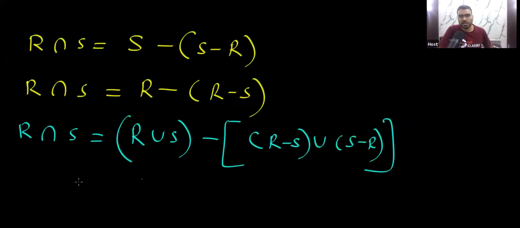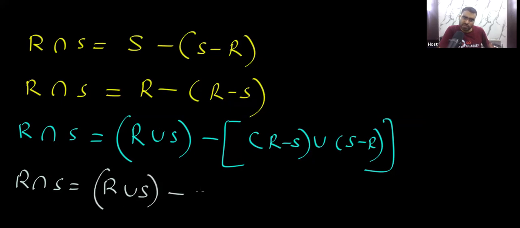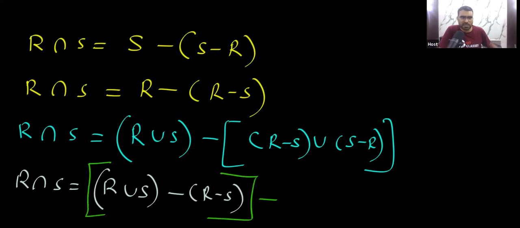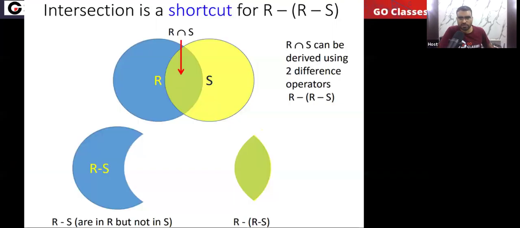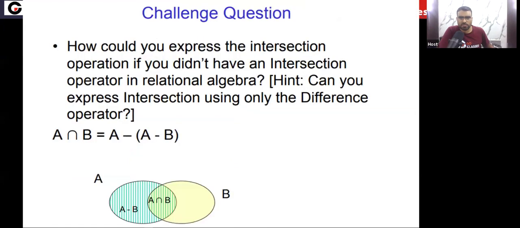And R intersection S is the same as from this R union S, first you remove R minus S, then you remove S minus R. So you can see there are so many ways to write intersection. Very simple. Let's move on.